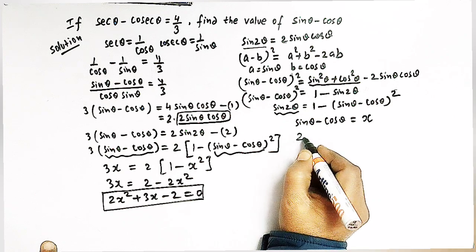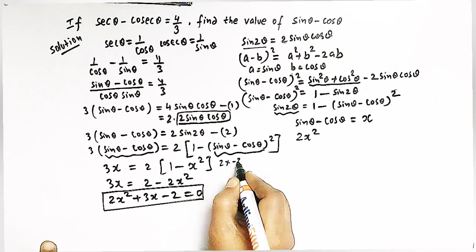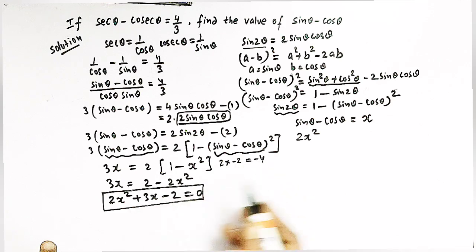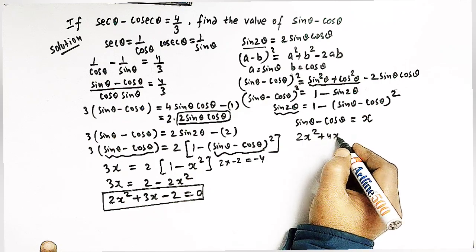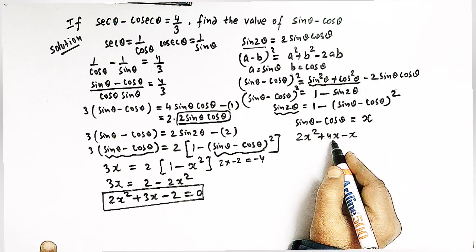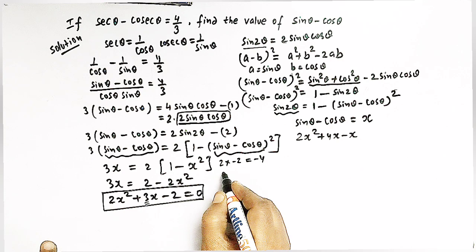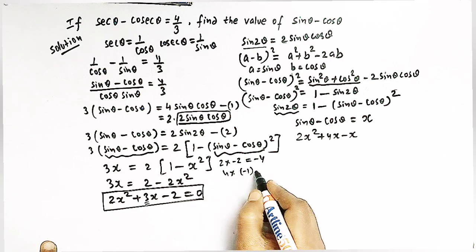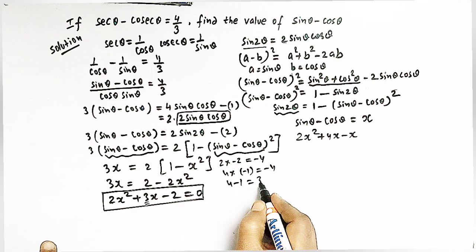So we have 2x square, and here we have 2 times minus 2 is minus 4. So we have the two factors, that is 4x and minus x, because 4 minus 1 is 3, and 4 times minus 1 is minus 4.